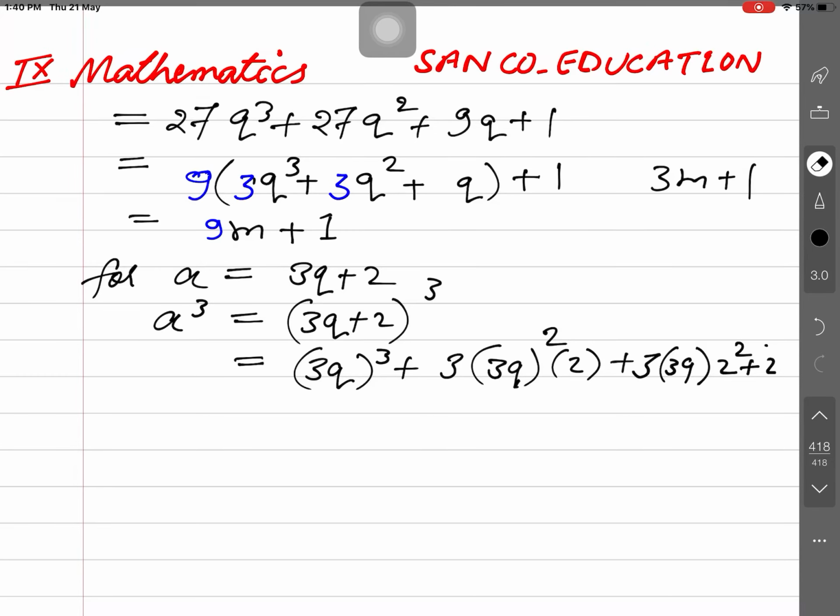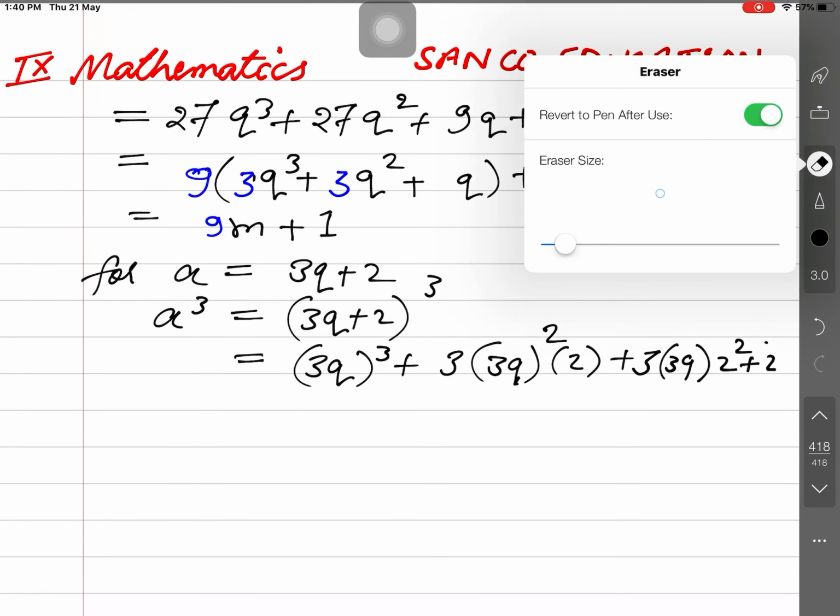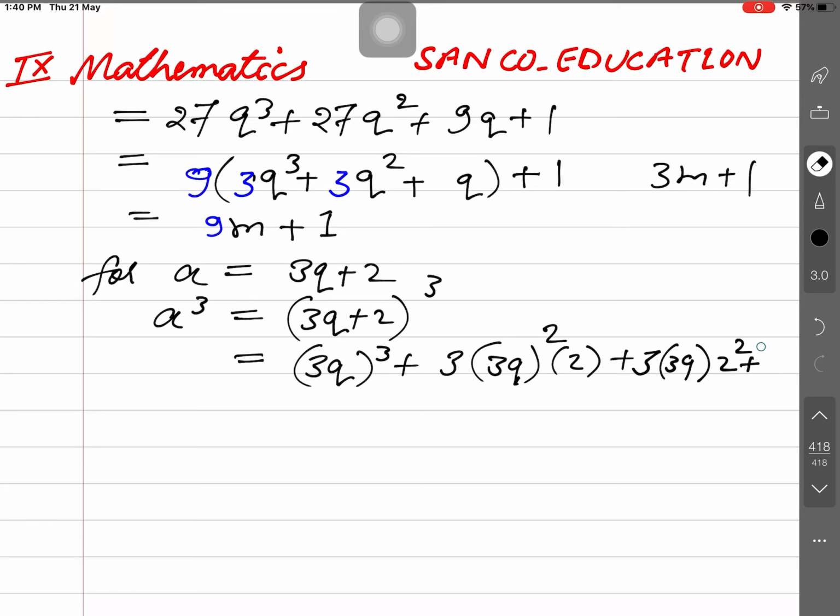It's not coming. Here I am writing. Okay, proceed ahead. 3 3s are 27, 3 3s are 9, 9 3s are 27, cube plus 3 3s are 9, 9 2s are 18, 18 3s are 54. Clear or not?